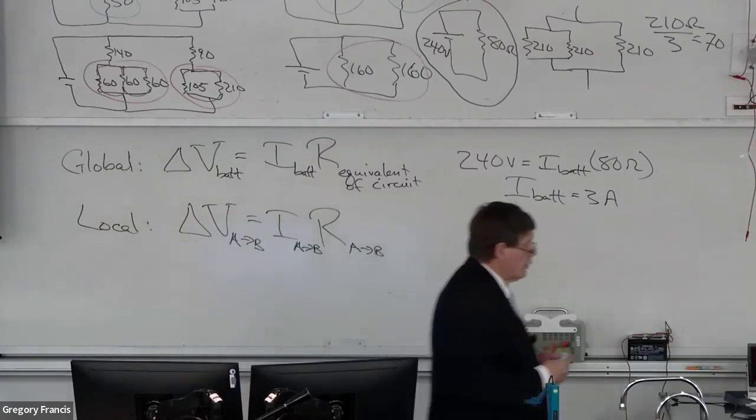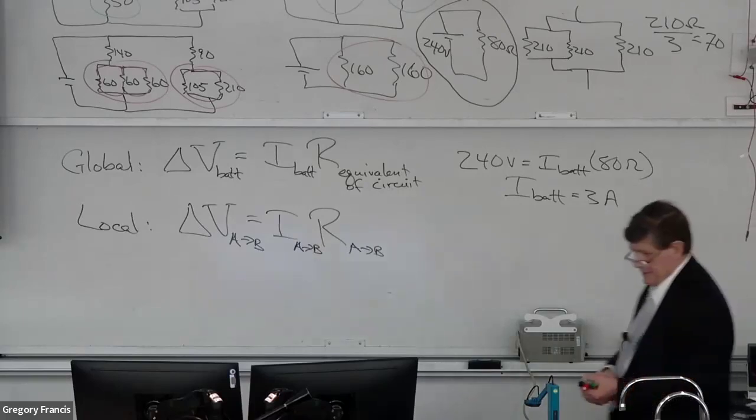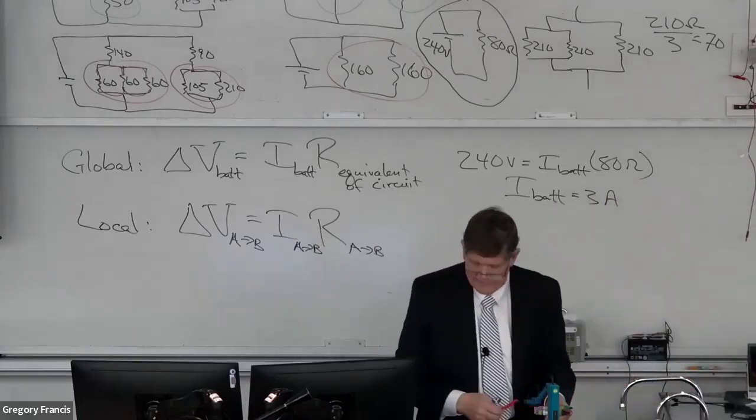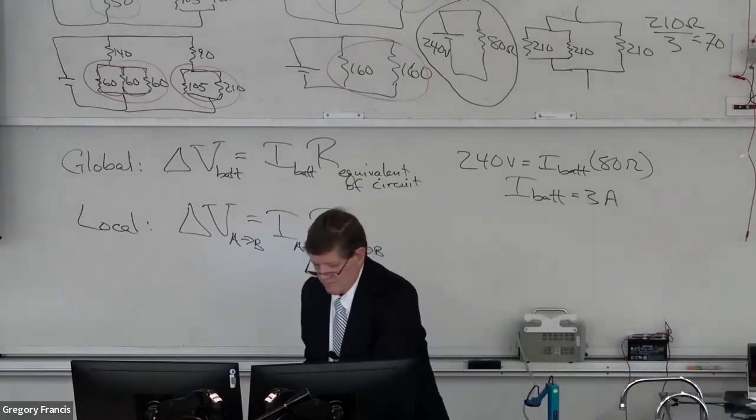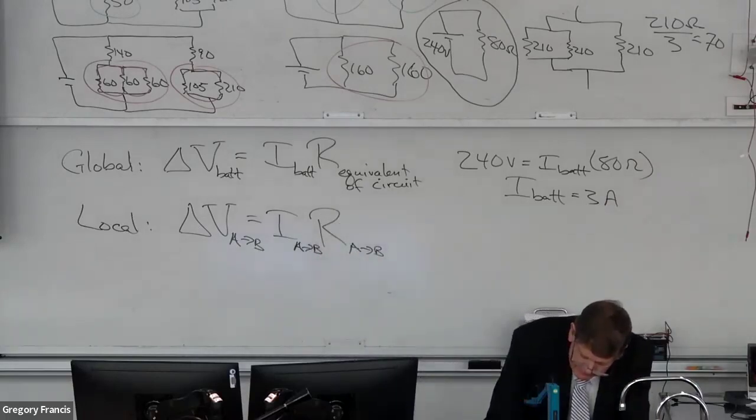So if I want to know what the voltage is from A to B in this problem, I need to know how much current actually flows through from A to B. And that means I've got to be the river. I've got to start at the battery and I've got to divide up that 3 amps. We found that 3 amps was going through the battery.